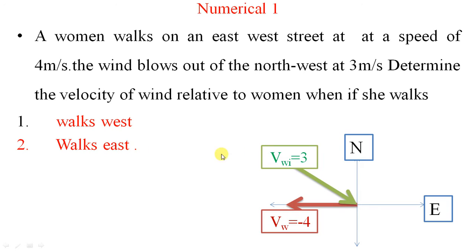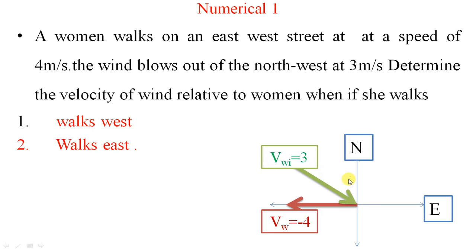So here it is mentioned that a woman walks on an east-west street at a speed of 4 meter per second. The wind blows out of the northwest at 3 meter per second. We have to find the velocity of wind with respect to the woman, first when she walks towards the west and then when she walks towards the east.